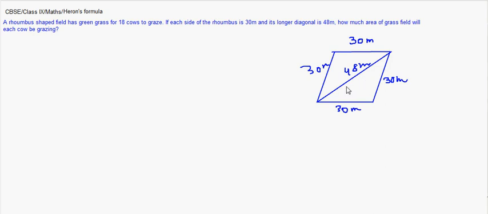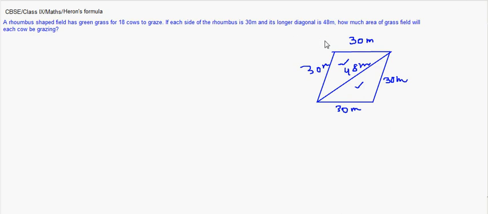Because we'll first find the area of this part and this part. You can say that these two areas are congruent, so once we find the area of one of those triangles, we will multiply it by 2.